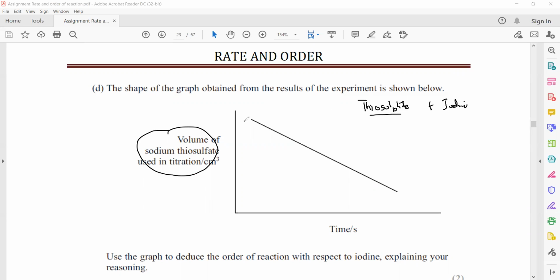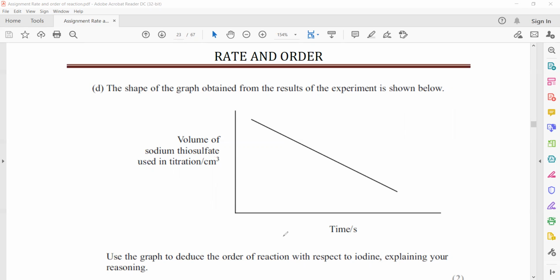As you can see, in the beginning we need a greater amount of thiosulfate, but with the passage of time, as we are taking out samples, we need a small quantity of thiosulfate. Why is the amount of thiosulfate needed decreasing? Because the amount of iodine is also decreasing. In the beginning you will have more iodine, but with the passage of time the amount of iodine is decreasing. So that's why you need a small quantity of thiosulfate as well.